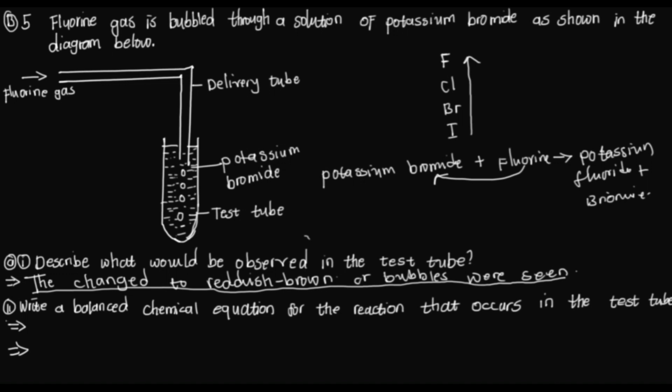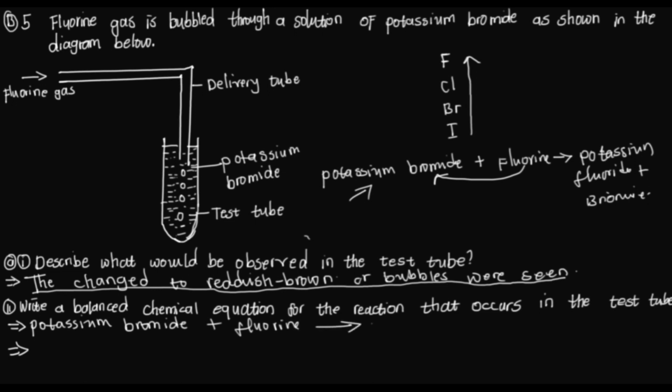Now let's look at Roman number 2. Write a balanced chemical equation for the reaction that occurs in the test tube. So the reaction is this that I've written. So here we are saying the reactants are potassium bromide and fluorine, plus fluorine.